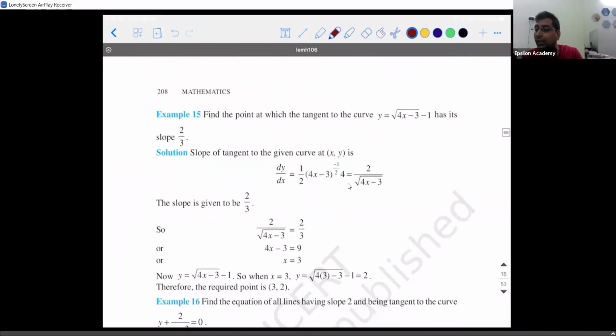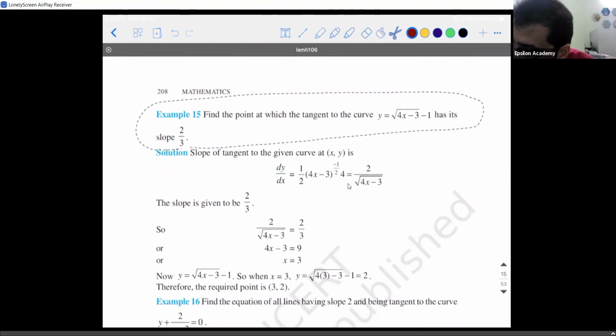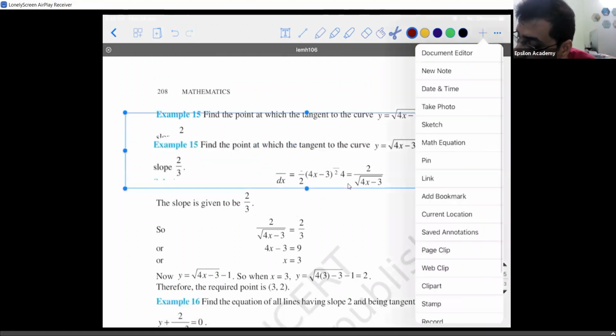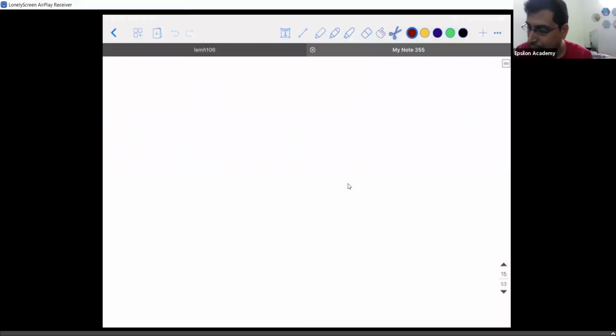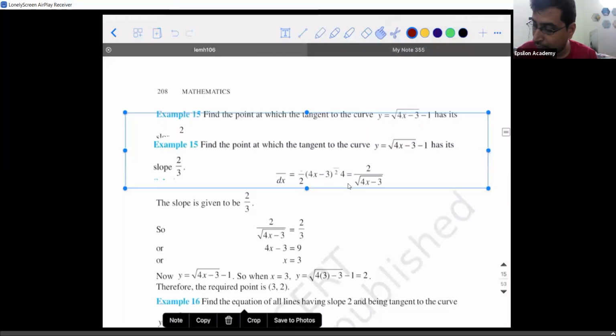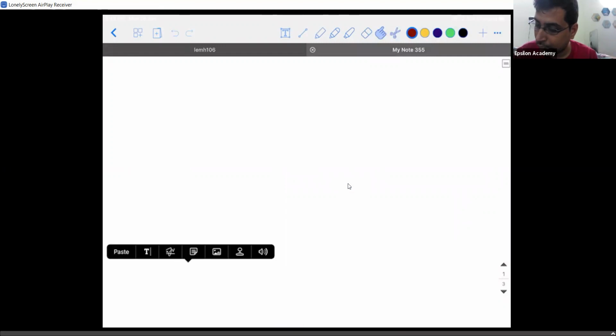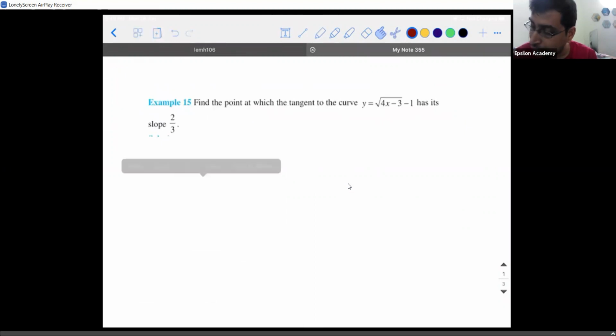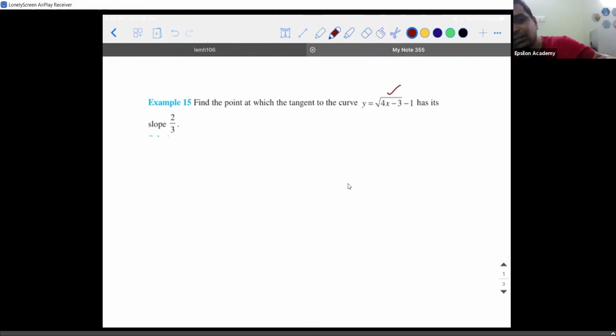So let's do the next one. Find the point at which the tangent to the curve y is equal to root of 4x minus 3, minus 1, has a slope of 2 by 3.